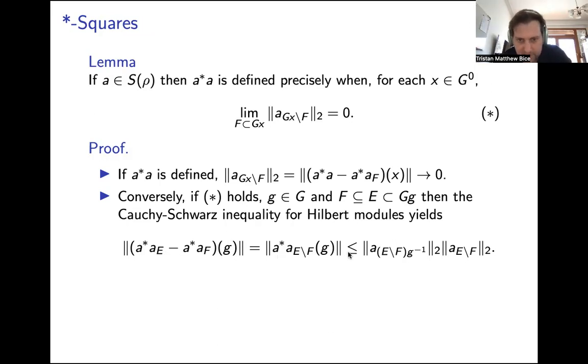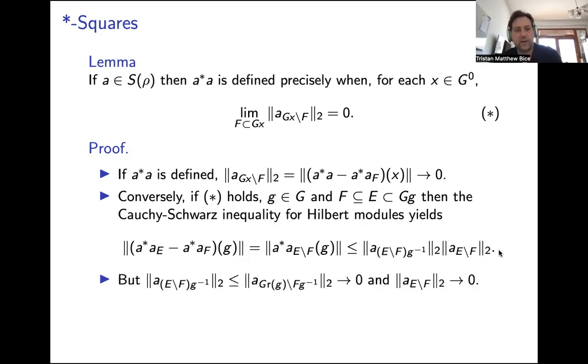And then Cauchy-Schwarz tells you that this is in fact below the norm of A restricted to this subset, so the elements of E that are not in F times G inverse times the 2 norm of A, E, F. If you write it out in full, this is what you'll find.